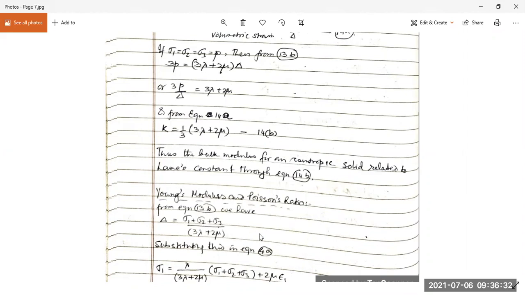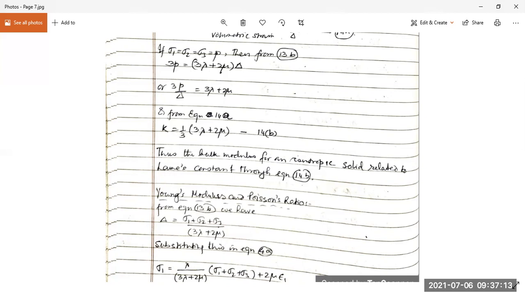We put the value of 3P from the early part of this equation. The delta is equal to sigma 1 plus sigma 2 plus sigma 3 divided by 3 into lambda plus 2 into mu. Actually, it is the total force multiplied by the K itself. So from the equation, we have the value of delta, equation 13b here, which is 3P, sigma 1 plus sigma 2 plus sigma 3, and then get delta divided by 3 into lambda plus 2 mu. So we have got this type of equation itself.